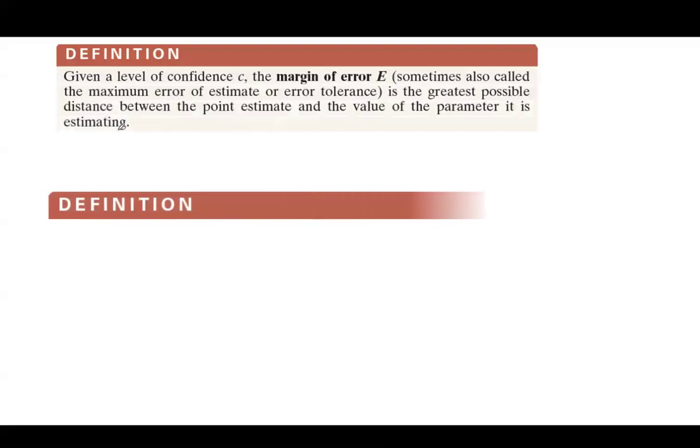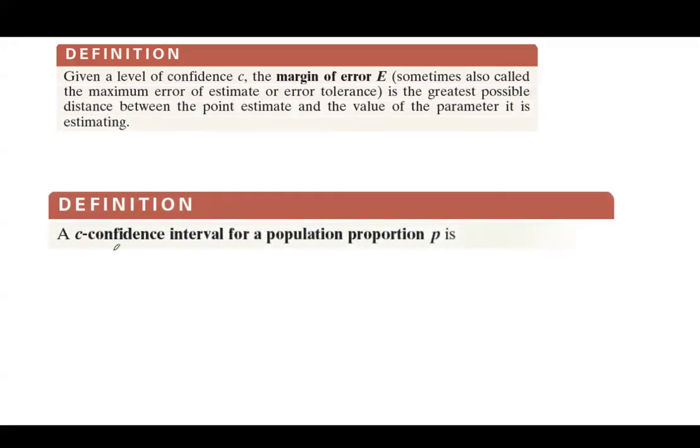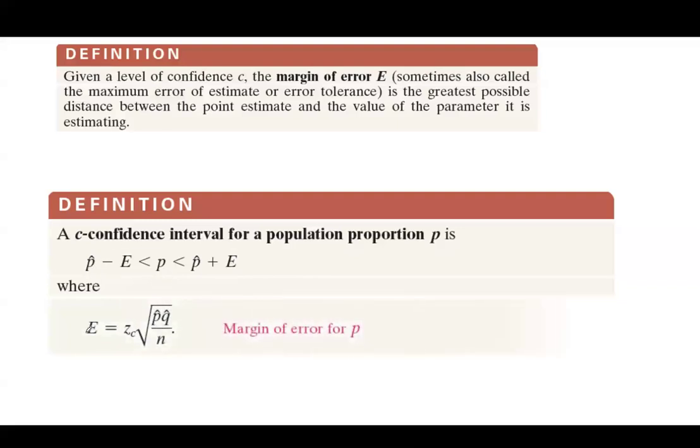How do we find the margin of error? After finding the margin of error, I'll show you the formula. A C confidence interval for a population proportion p is p hat minus E, p hat plus E, as the limit to the left and to the right. You're going to say that the population parameter is bounded between these two numbers.